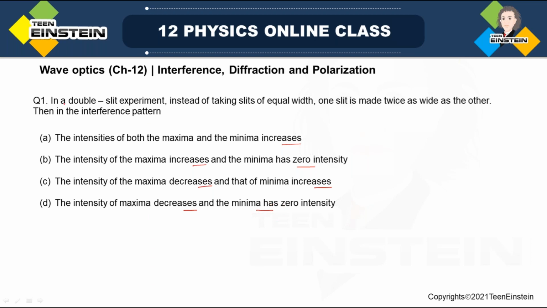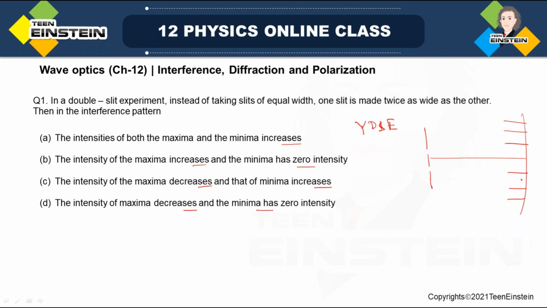I'll just repeat the question once again. In case of normal Young's double slit experiment, generally the width of these slits is the same. So there will be a central bright fringe, and then maxima and minima will come.